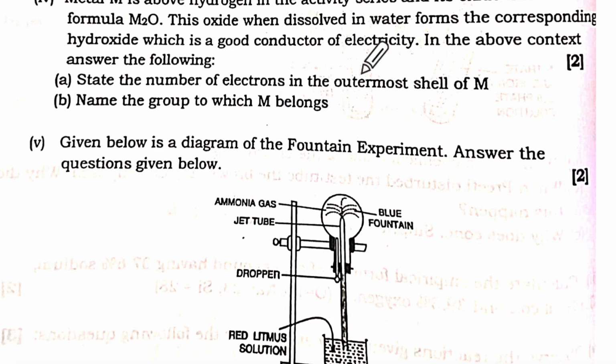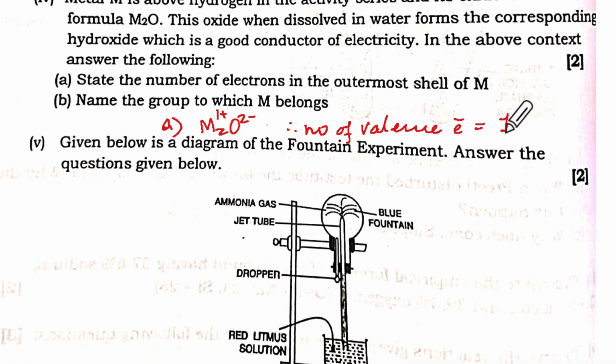To begin with, if it is valency M, the compound is M2O. So this is 2 minus, so this is 1 plus, correct? So what you will say, therefore, number of valence electrons in the outermost shell of M. Sorry, I just double checked. Valence electrons is going to be 1, correct?